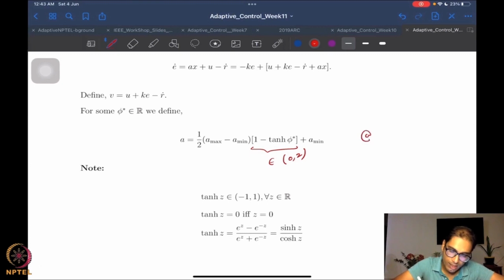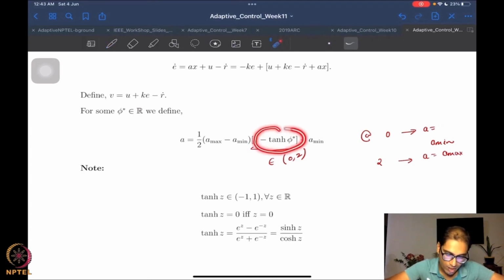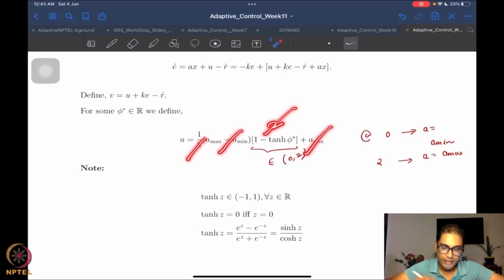At 0, the right hand side a is equal to a min, and when you are at 2, you get a equals a max. This is rather easy to verify. You put 0 here, you just have a min. If you put 2 here, this gets cancelled with this, and this gets cancelled with this, and you're left with a max.